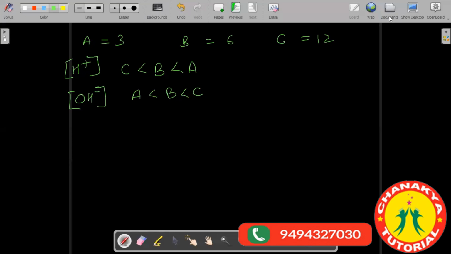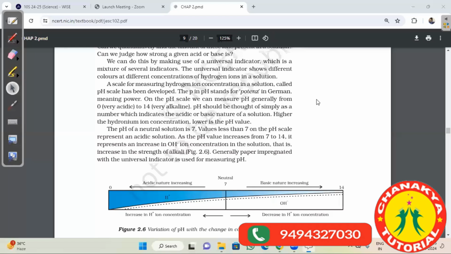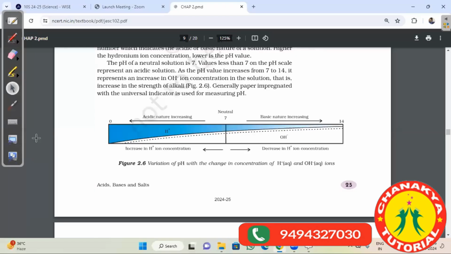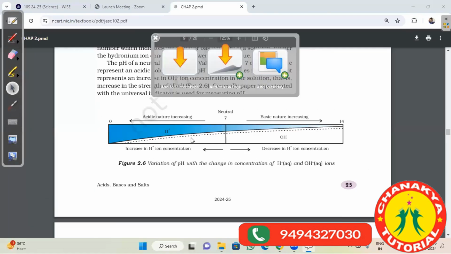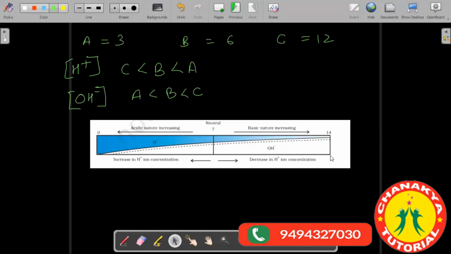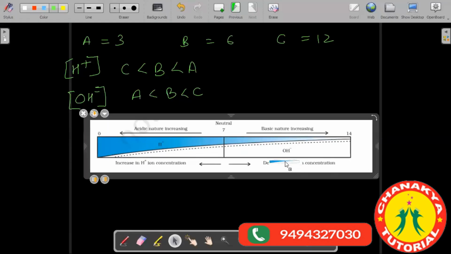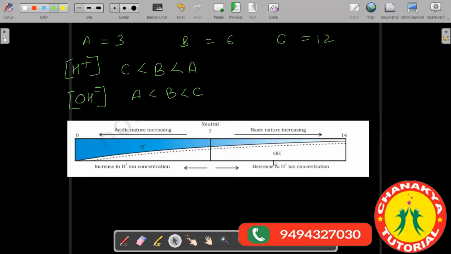Okay. So this is how your pH scale looks. With this diagram, we are able to see how pH determines the nature of the solution. Increasing nature of acids. When we have pH 0, all we have is H plus ions.